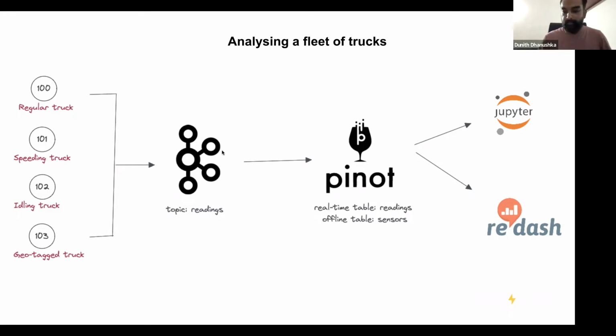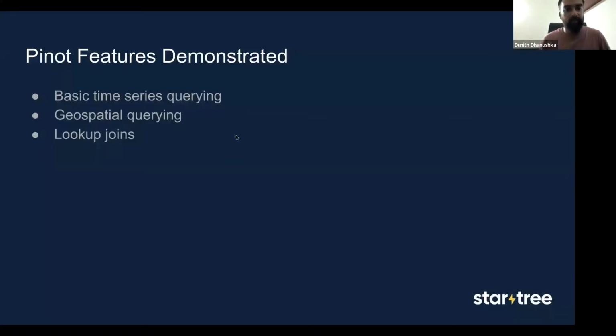All right, without further ado. Before jumping into that, let me quickly mention the features that we are going to discuss today. First, we look at basic time series querying.